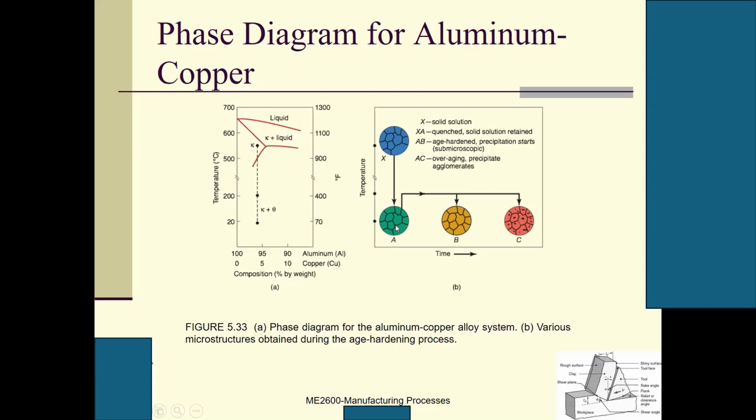Then aging hardened, precipitation starts, this is precipitation. Then overaging, precipitation agglomerates. You can see that these particles are the precipitation.